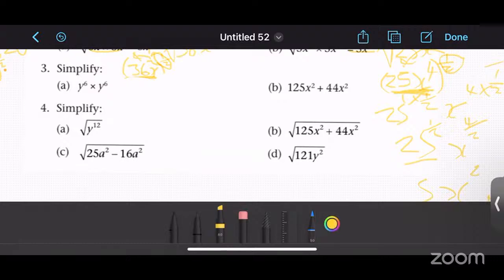Ma'am, first you minus the 25 and the 16, ma'am. Then the answer will be 9, 8 to the power of 2, square root of y to the power of 12. Oh, sorry, ma'am.